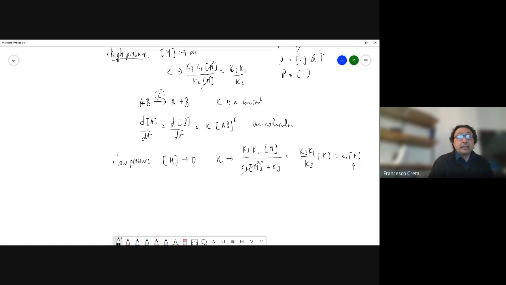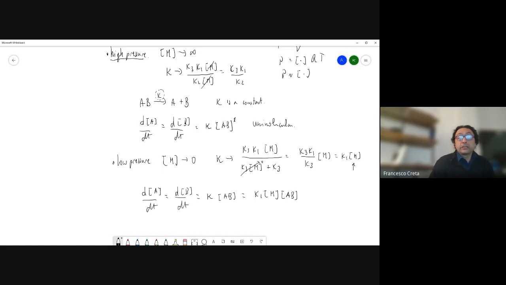See here, there's a dependence on the third body concentration, okay? So again, if we now rewrite dA by dt, which is equal to dB by dt, we can write it again as K of AB, but we just saw that K is K1 M times AB.